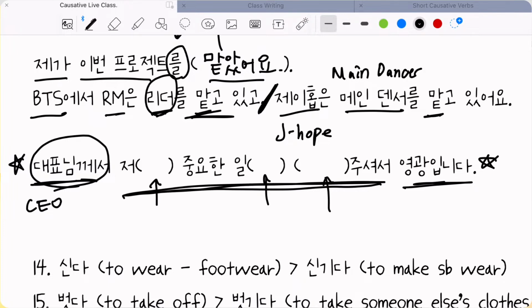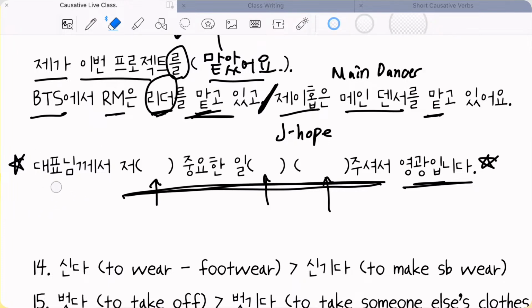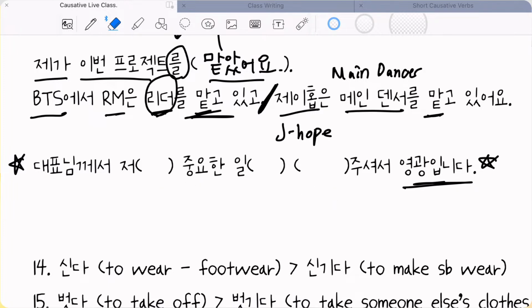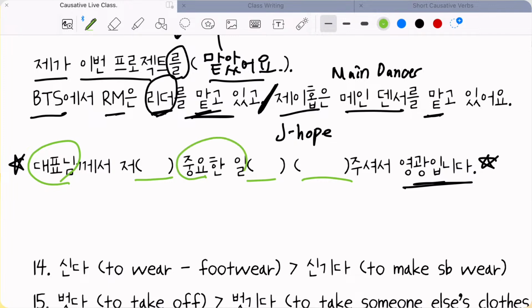That's what the sentence is trying to deliver. So in that case, which particle would you put in each blank? So 대표님 is entrusting me with 중요한 일.